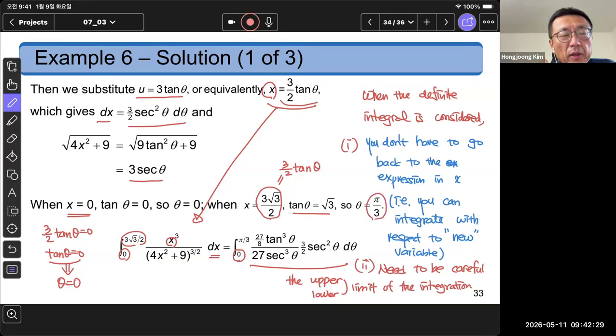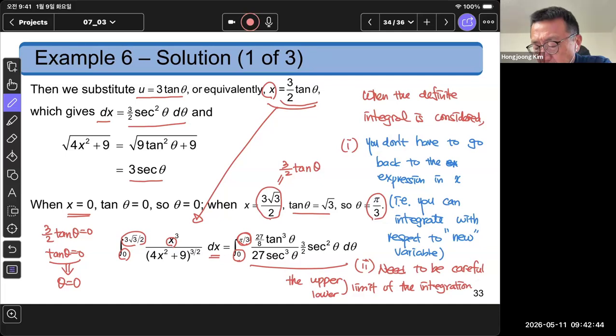So the upper limit of the integral for theta will be pi third. You must be careful with the upper and lower limits of the integration.